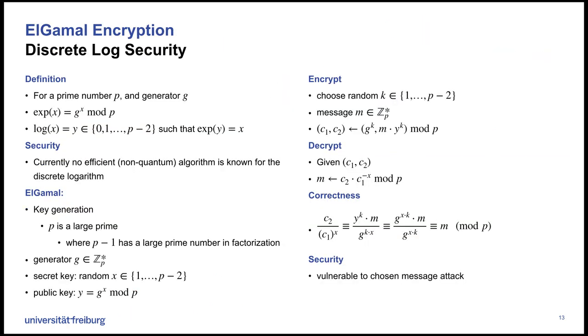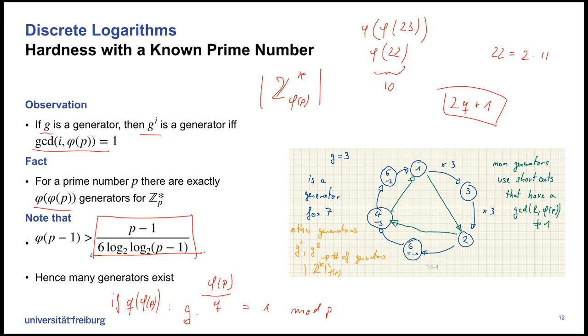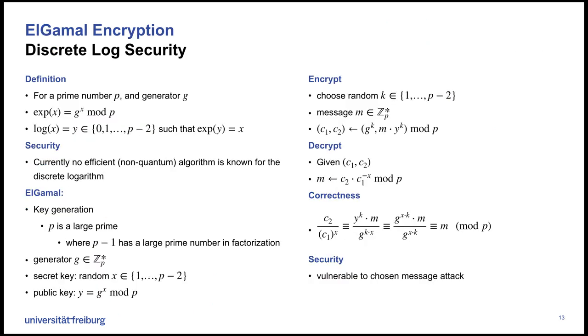Okay. Now, this cycle is easy to understand for small numbers, but for larger ones, we have seen this interesting presentation with grayish squares. There's no structure that you can really find. And so there are schemes which build upon this discrete logarithm security. First of all, you have to find what is a discrete logarithm. So assume that we have a prime number and a generator for this prime number.